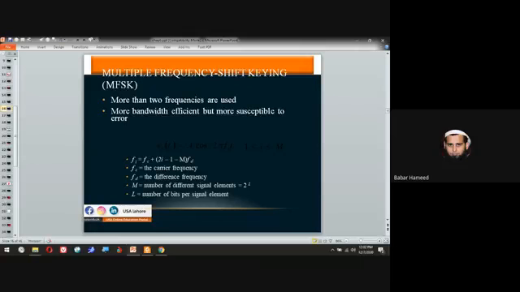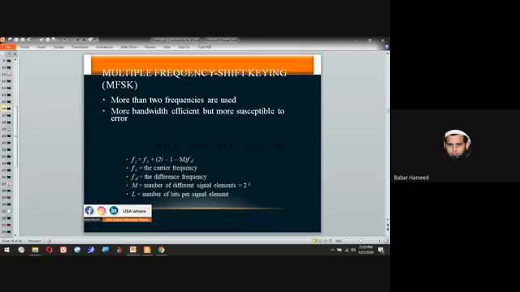And for the sake of clearing, basically i is the index of the signal element, and it ranges from 1 to M. So we can say that f_i is the carrier frequency plus (2i minus 1 minus M) times f_d.